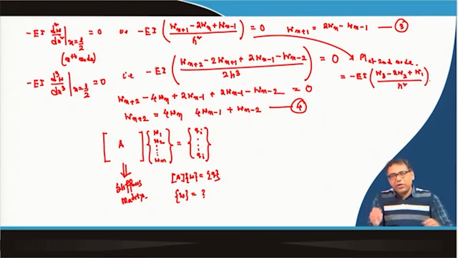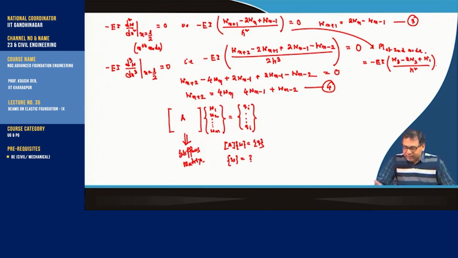Now you know W1, W2, W3 and you know the h square value, so you put them in and you will get the bending moment at the second node. Similarly, you will get the shear force or the slope at any node if you know the deflection of all the points. Clear? Now there is one question: how will you decide the h square value?